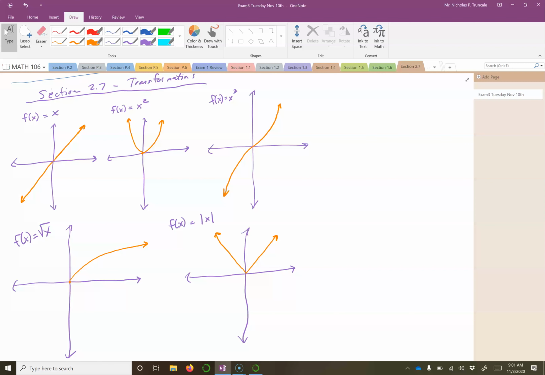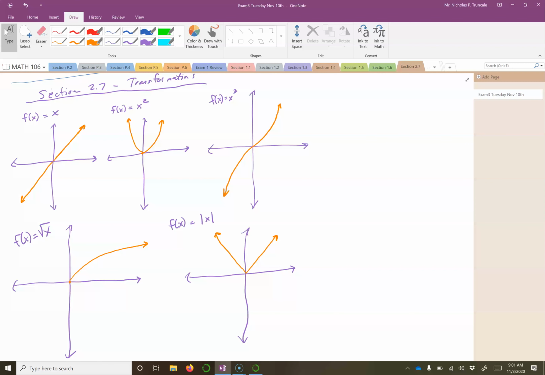So what do I mean by a transformation? Well, I mean moving these functions around the coordinate plane and being able to identify how that works by looking at the equation and analyzing it. Okay, moving it around, stretching it, compressing it, flipping it. So there's all these different things we can do with them.